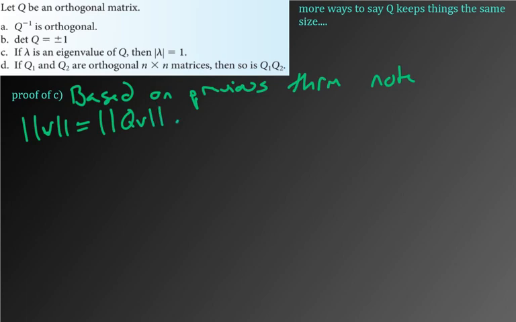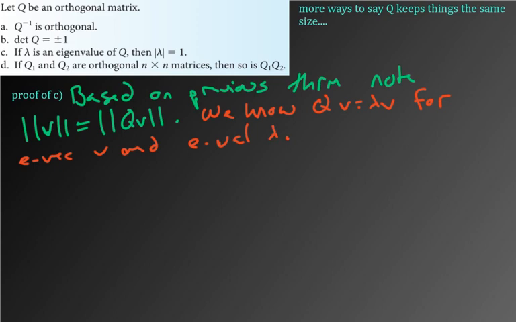And then if there's some eigen stuff happening, we know Qv equals lambda v for eigenvector v and eigenvalue lambda, right?